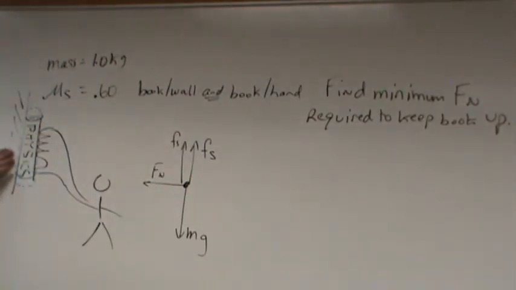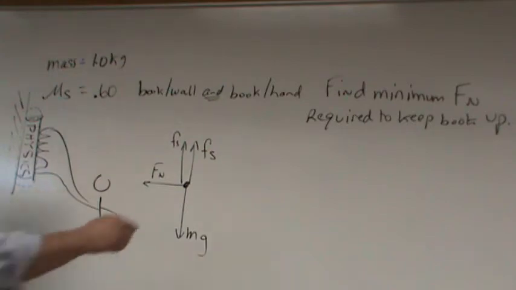And what other force is the wall exerting on the book besides friction? I mean, the book is pressed against the wall, so the wall is pressed against the book. Normal force. Yeah, we can say so. Thank you very much. And what's the direction of the normal force that the wall is exerting on the book?